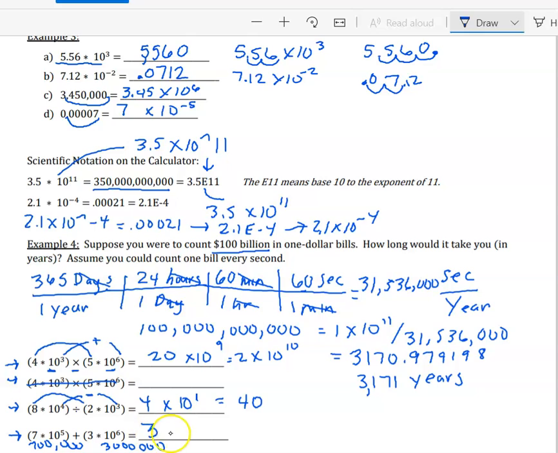So this should be 3,700,000. If we wanted to write that in scientific notation, 3.7 times 10 to the, we'd have to move it 6 places, so the 6th power. Be sure to catch the video on how to use scientific notation on the TI-84 calculator that's going to be under your course content.